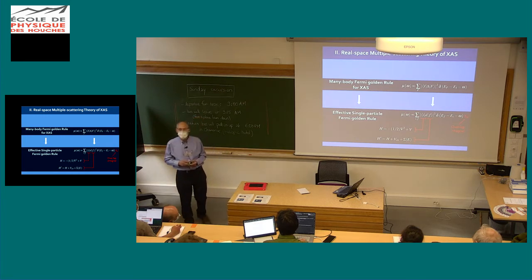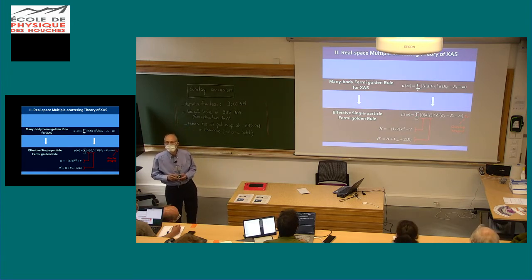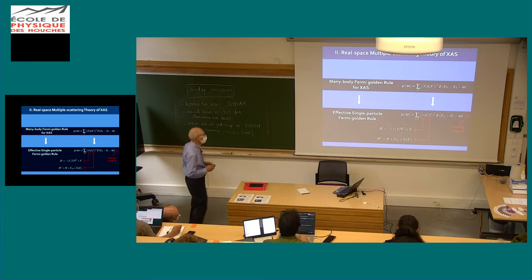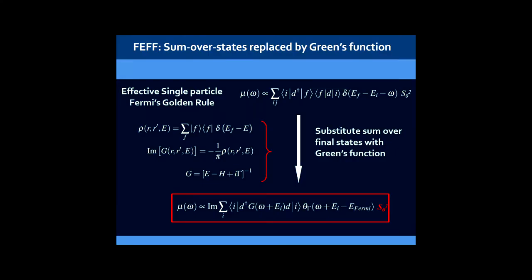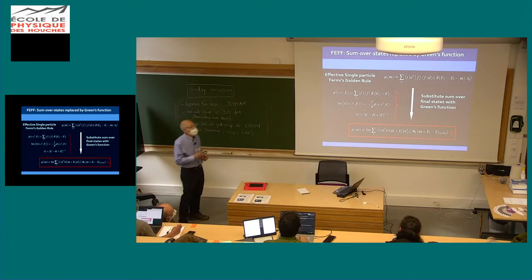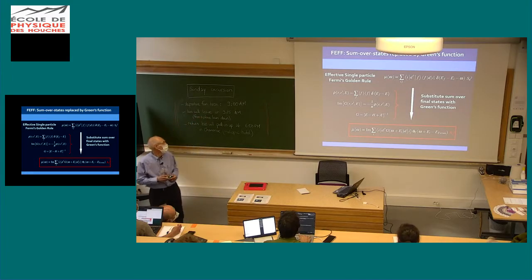It's the overlap between the states with and without the core hole. Okay? It's not a perfect overlap. This is typically about 0.9. Okay, so then we have the sum over states problem that I mentioned that you don't want to get into.